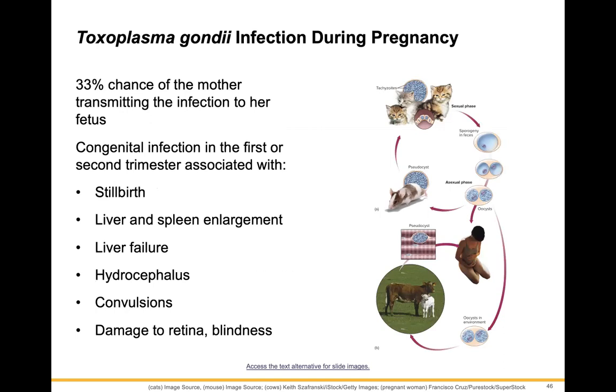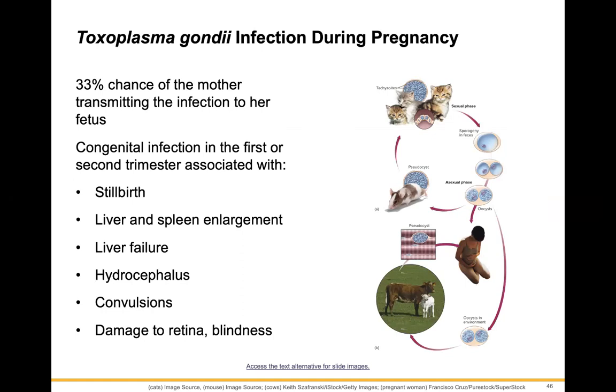Toxoplasma gondii infection during pregnancy. There's a 30% chance of the mother transmitting the infection to her fetus. You have congenital infection in the first or second trimester, and it's oftentimes associated with a stillbirth. Liver and spleen enlargement, liver failure, hydrocephalus, convulsions, damage to the retina, and blindness.